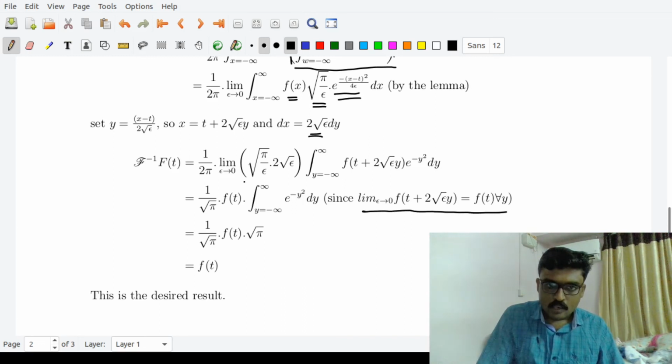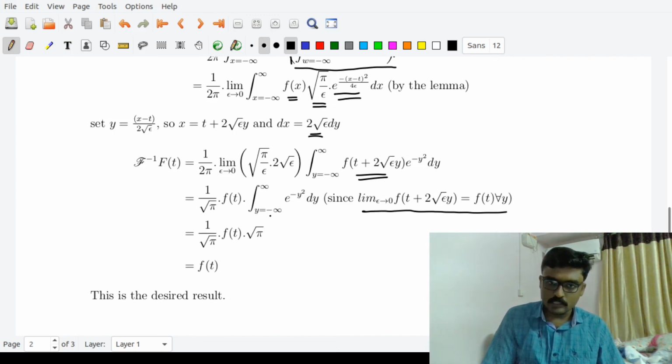Then we can cancel the epsilon terms, the 2 from both sides, and root pi and pi, the remaining term is root pi. The balance term is 1 by root pi f of t. F of t comes from this term, f of t into integral y equal to minus infinity to infinity e raised to minus y square dy.